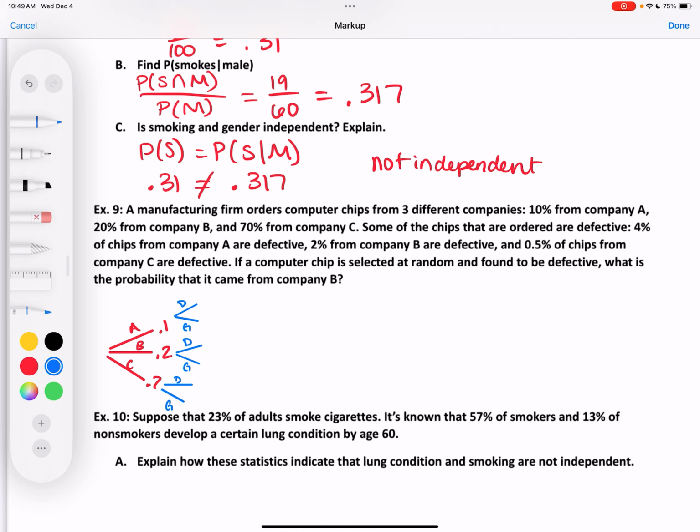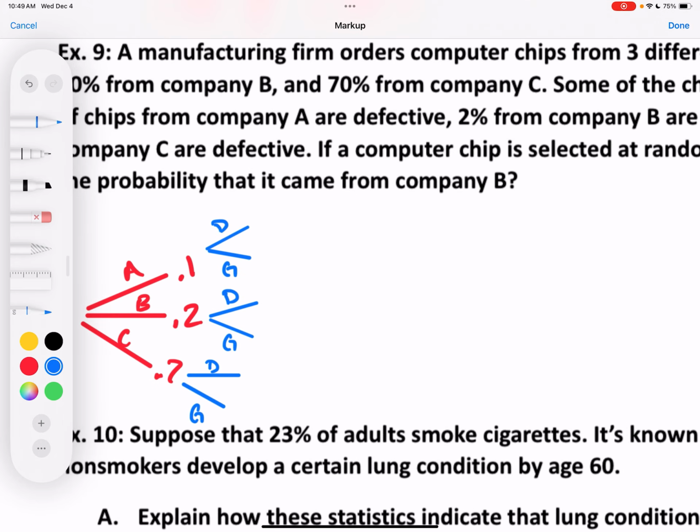Try to zoom this in a little bit. All right. So, company A has 4% that are defective, so that's 0.04. That means that good would be 0.96, so 96% are good. B has 2% that are defective, so that's going to be 0.02, meaning that 0.98 are good.